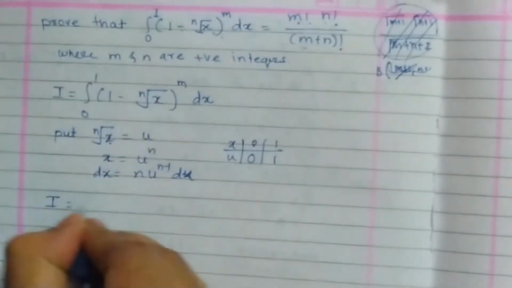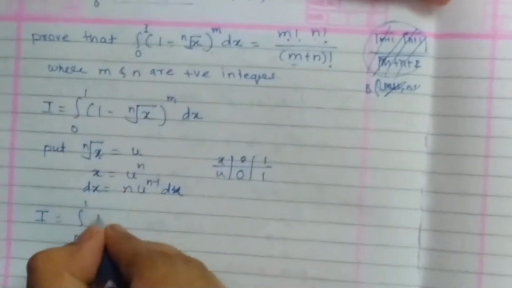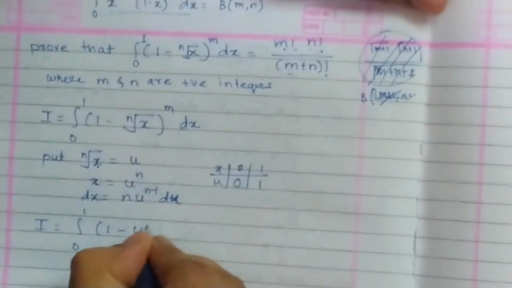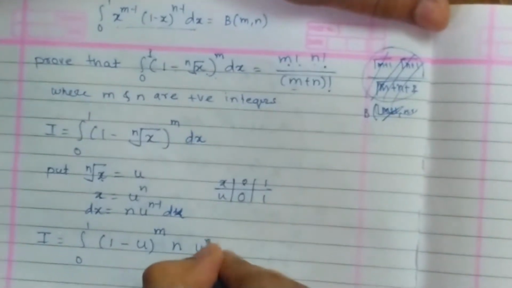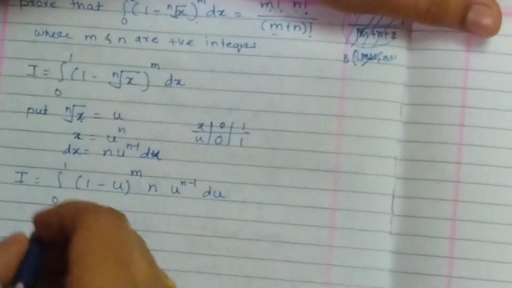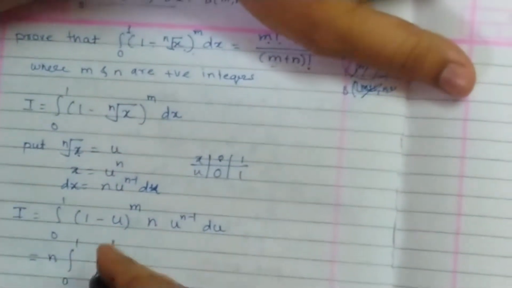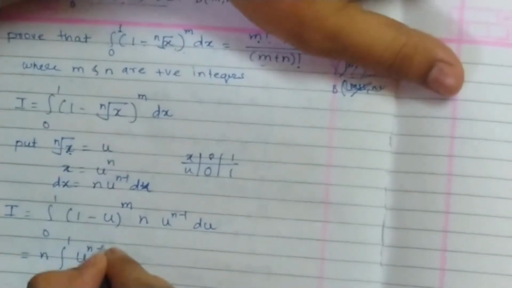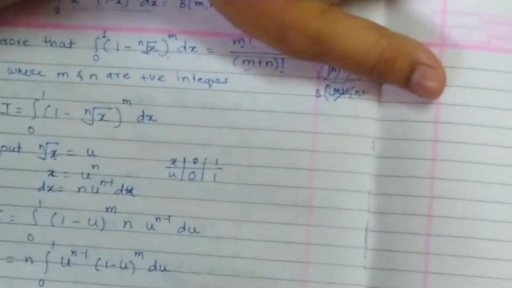So my integral I becomes the integration from 0 to 1 of (1 minus u) raised to m, times dx, which is n u raised to n minus 1 du. Now n is a constant, so I take it outside: n times the integration from 0 to 1 of u raised to n minus 1, (1 minus u) raised to m, du.